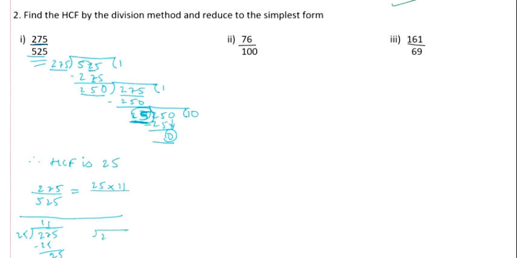So I'll write 275 equal to 25 into 11 upon 525 also I'll divide by 25 and I'll write it over here as 25 into 21. So that gives us the reduced form of the fraction as 11 upon 21. Move on to the next sum.